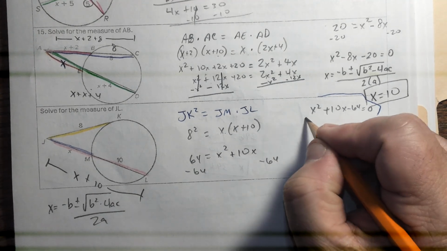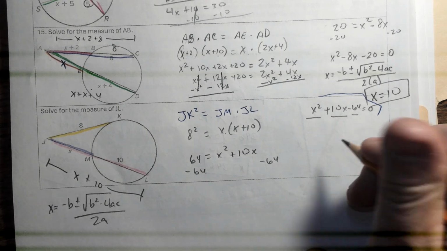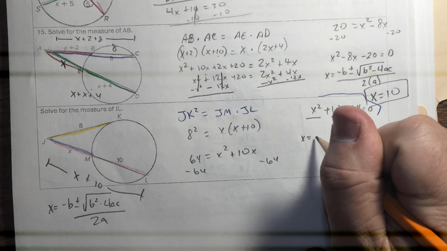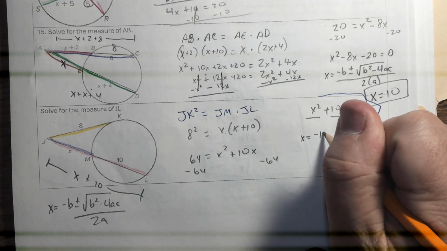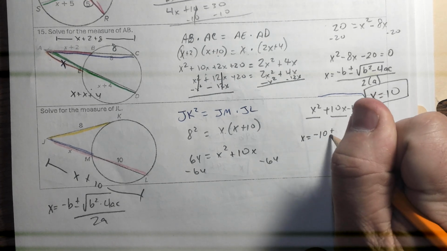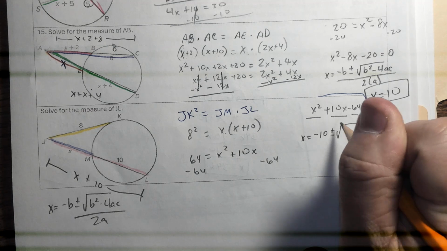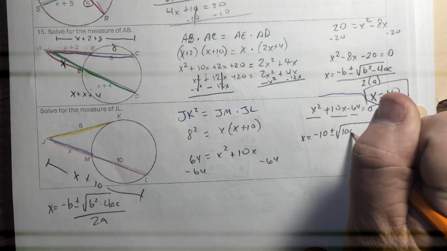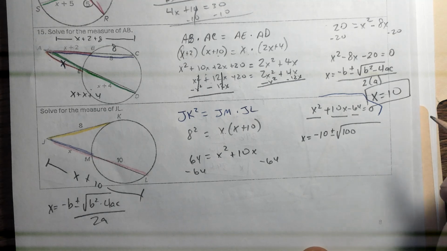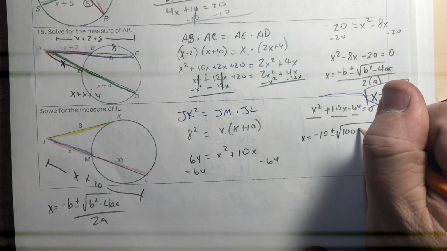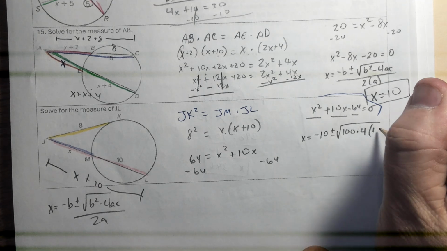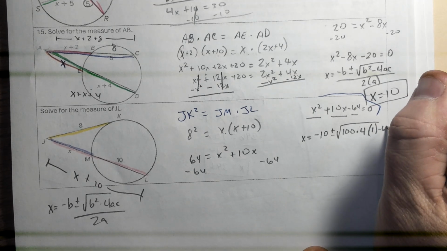So remember the a, the b, and the c. So x equals negative b, so negative 10, plus or minus the square root of b squared. So 10 times 10 is 100. I'm just going to go ahead and square it. This squared minus 4 times a, which is 1, times c, which is negative 64.